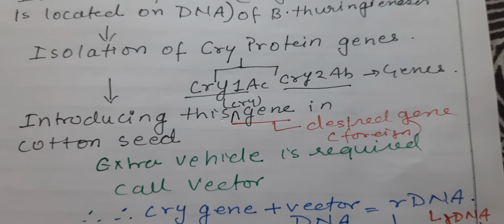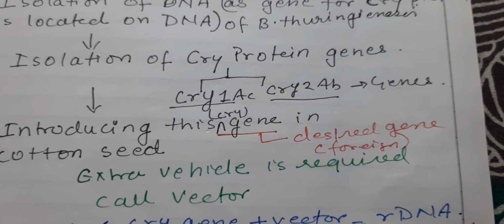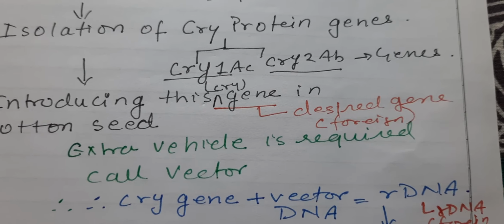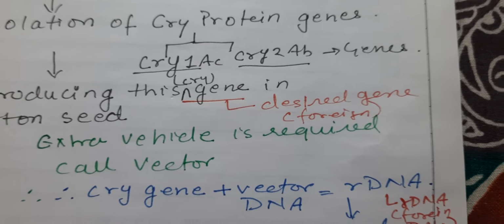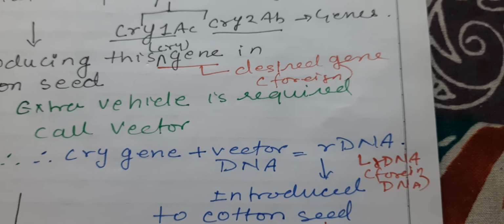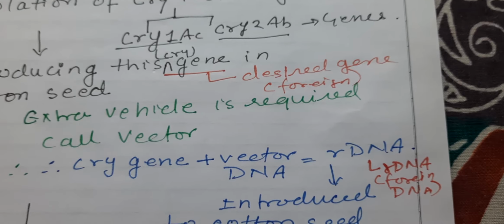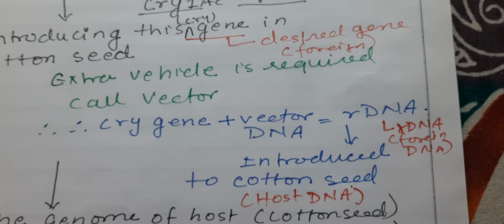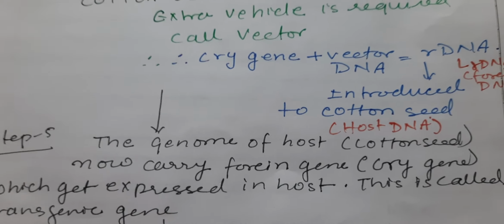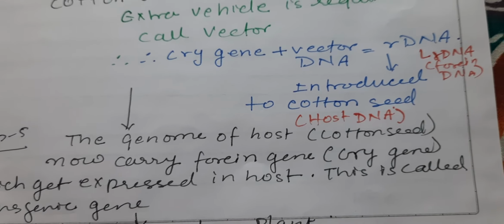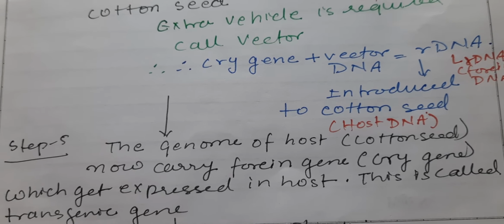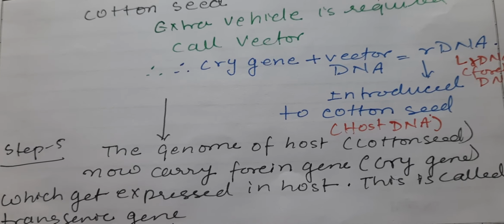One of the methods is that we form the rDNA, that is, the cry gene is loaded into vector DNA, and this forms the recombinant DNA, which carries the foreign DNA, and this is now introduced into the cotton seed. The next step is that the genome of the host, that is cotton seed, once it is introduced, will integrate into the cotton seed.